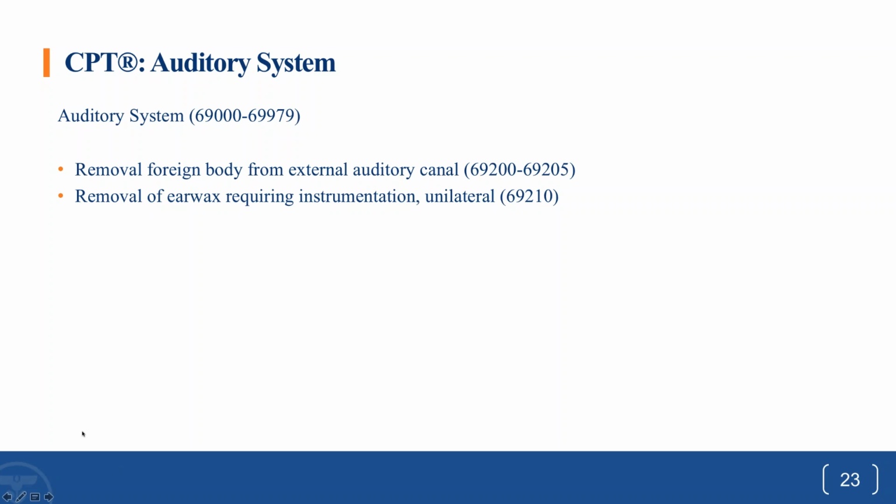And if you notice, that particular code says unilateral, so it's only on one side. If they mention bilateral removal of impacted cerumen, then you know you are going to need modifier 52, as the description in 69210 only states unilateral.